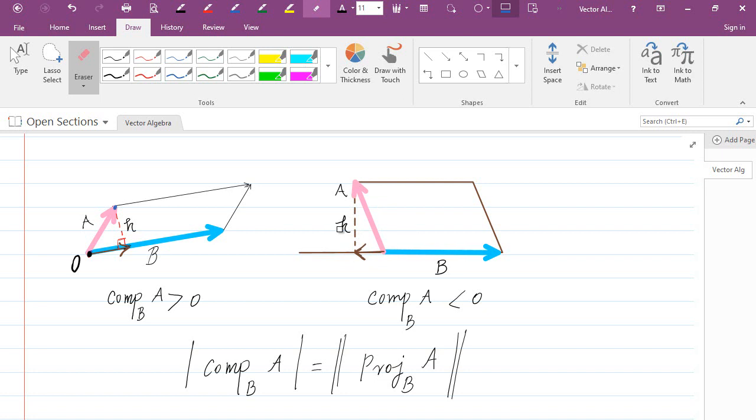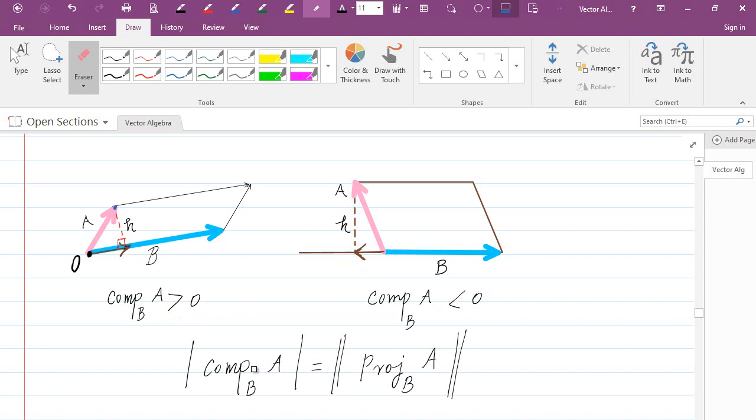So let's recall that this brown vector here, that's the projection of A along B, and in this picture, this vector is the projection of A along B. Recall that the component of A along B in the first figure would be positive, and it will be negative in the other figure.